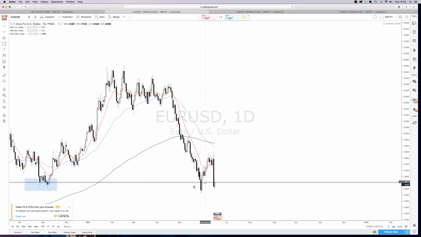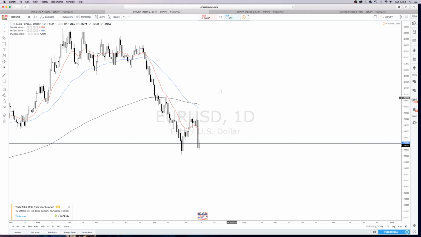This could just be a temporary pullback. As we can see, price has pushed down. We've tested the 200 EMA and the 14, and price did respect this level here. Now, obviously, these EMAs are a laggy indicator, so it's not consistent.